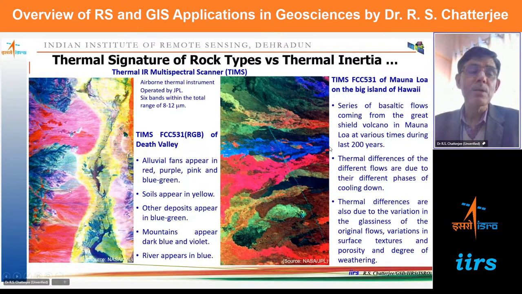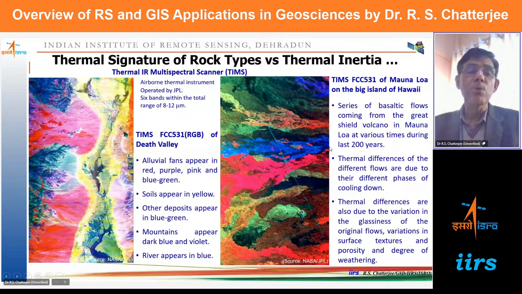Like in this example, you see, this is a multispectral thermal image. It is not a single-band thermal image, but multispectral, depending on different wavelengths. Like here, band 5 has a wavelength close to 11 to 12, band 3 is around 10 micrometer, and band 1 is close to 8 micrometer.